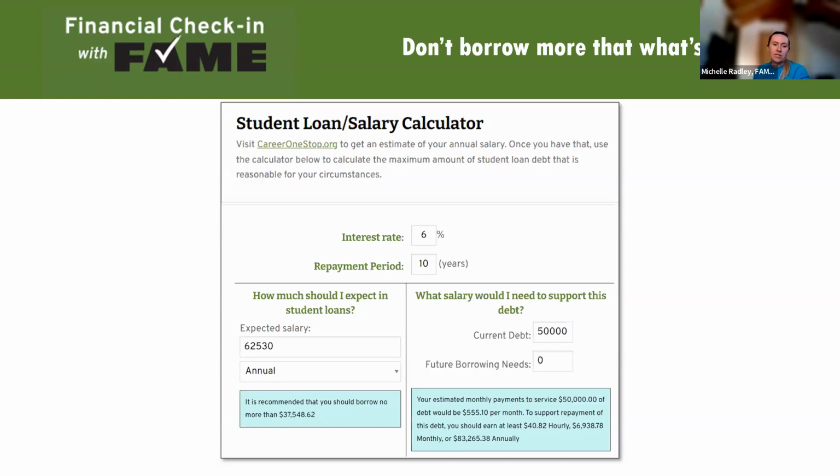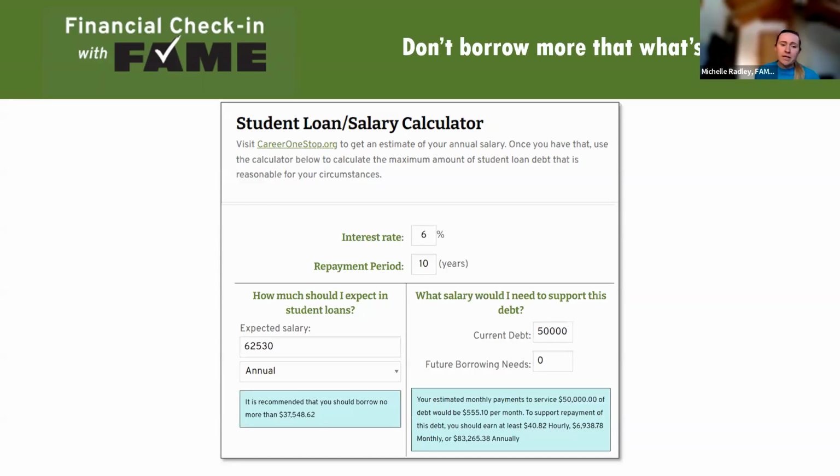So what we usually suggest is that people hop onto this nifty page called Career One Stop that gives salary information for anybody who's maybe starting in an industry in a particular area. It'll tell you this is likely what you're expected to make the first year that you're working. You can plug that in, and then it'll give you an idea of what you can really afford for student loans across the span of your education.